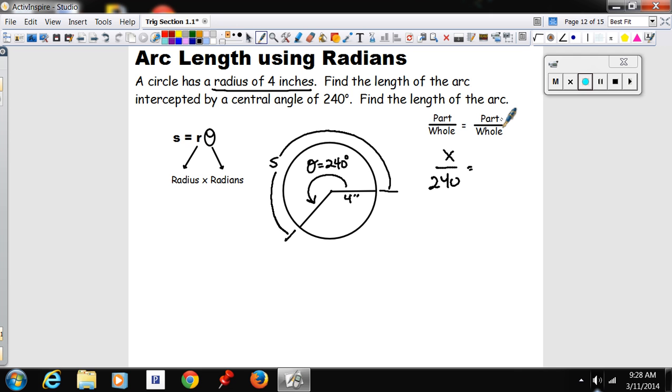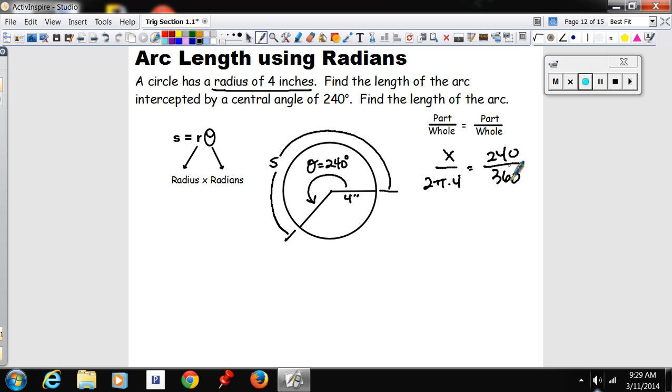The part is 240, but the parts go on top. 360 goes on the bottom, because that's my whole degrees. This is the part of the degrees, this is the whole degrees. This one right here would be your entire circumference. So the whole arc would be 2 times pi times 4. So my 2 pi r is my circumference.